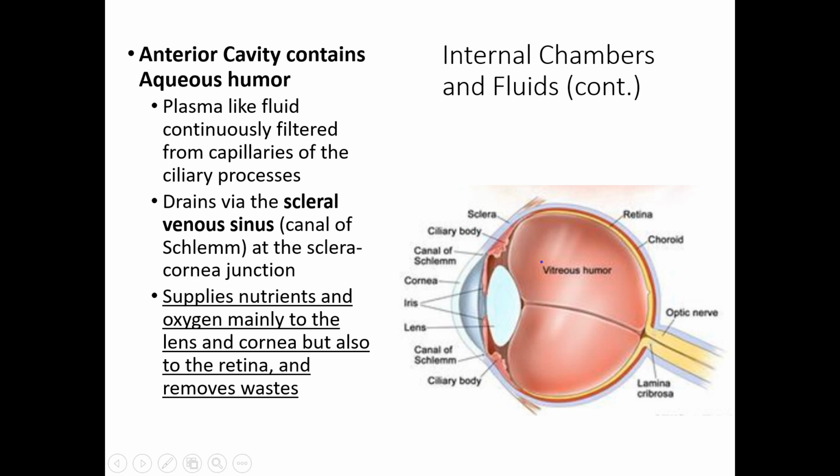So ciliary bodies produce aqueous humor, which goes through the pupil into the anterior chamber and then goes to the canal of Schlemm or venous sinus. That's where that fluid, aqueous humor, is absorbed. And while it's going all over the lens, through the pupil, into the anterior portion, it gives nutrients and oxygen to the lens, iris, and cornea.